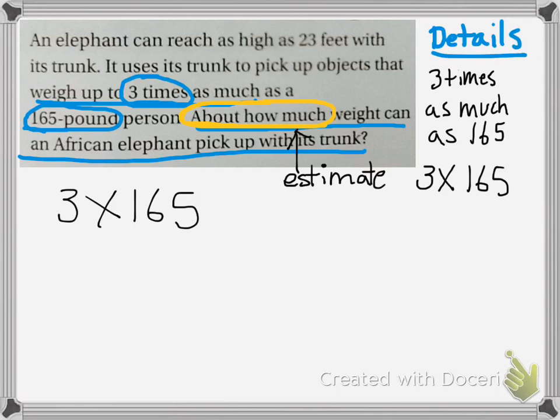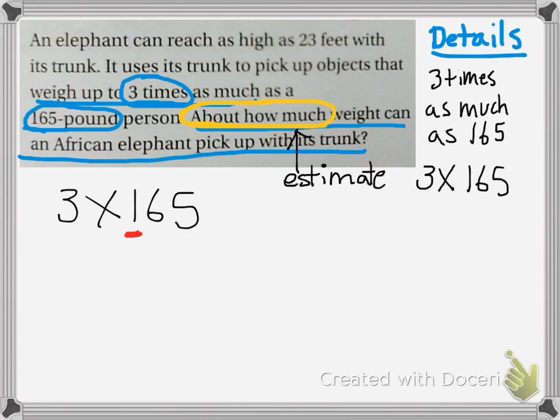Okay, so if I'm going to estimate 3 times 165, I'm going to round the greater number to the highest place value. 165 is the greater value, and the greatest value is in the hundreds place.